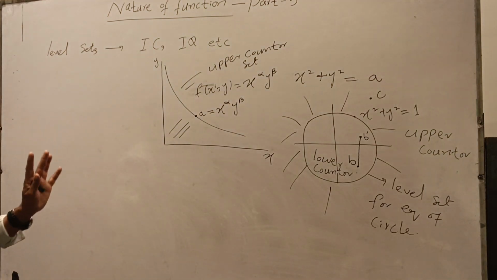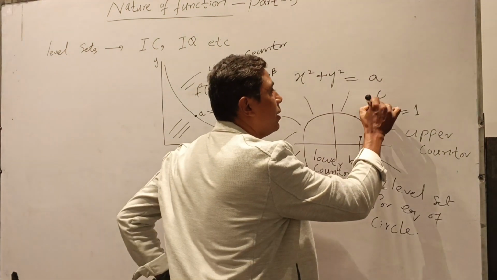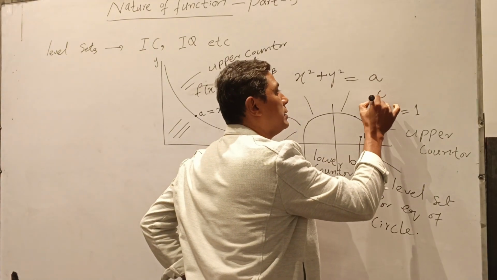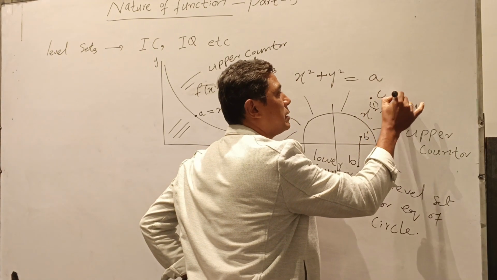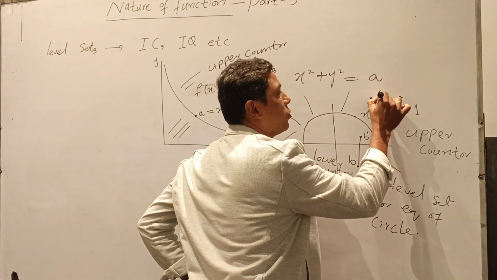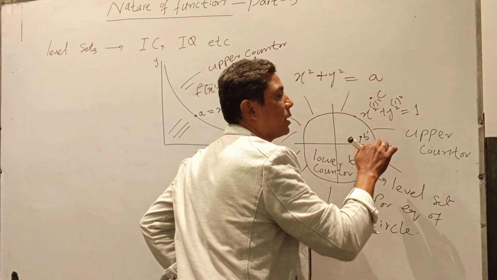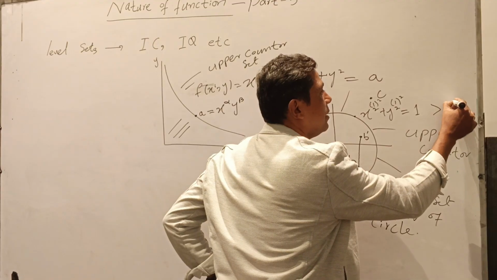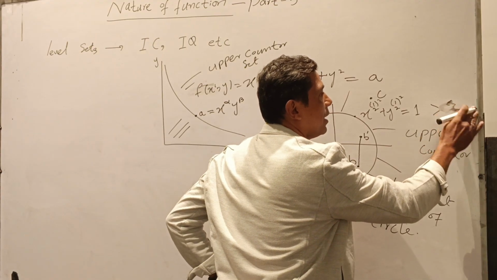अब मैं for example अगर मैं यहाँ पे let's say I substitute 2, or for example 1 x and 1 y, 1 square plus y square, so it becomes 2, so it means कि that value will be greater than 1. सही है? Clear?